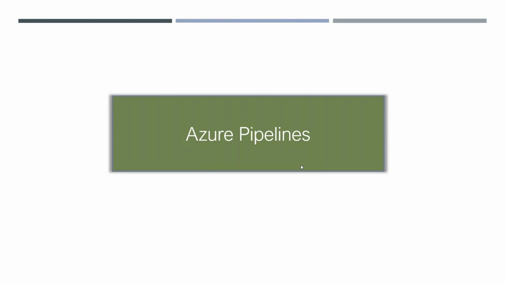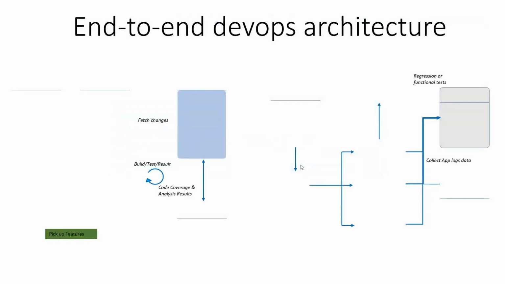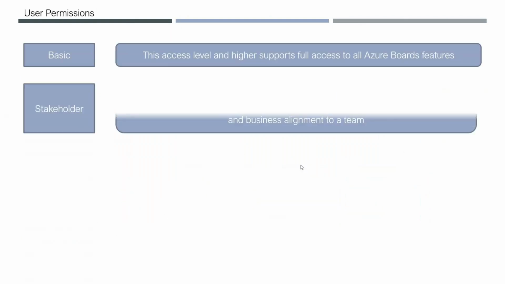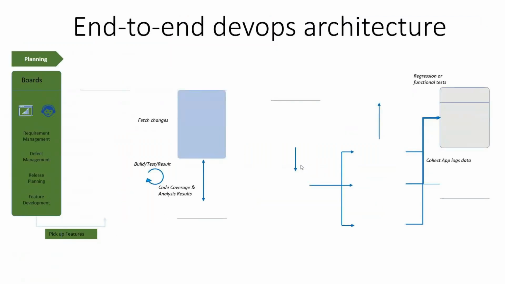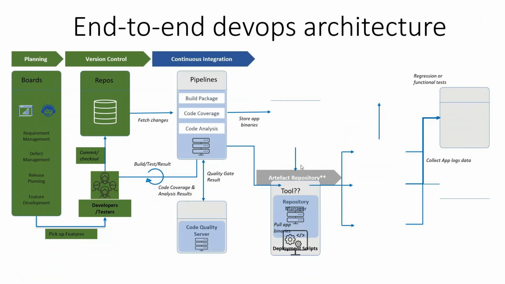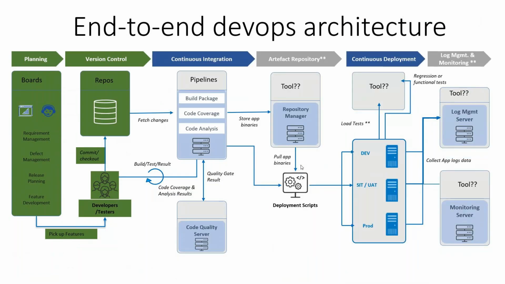Before we get into that, let's see what we have. As part of our end-to-end architecture, we are done with our planning phase, and then we are done with the coding phase.